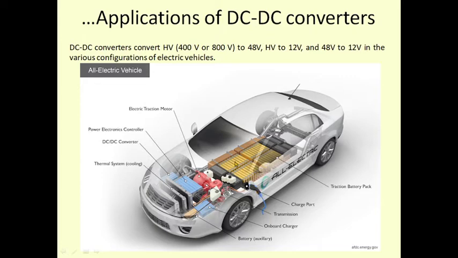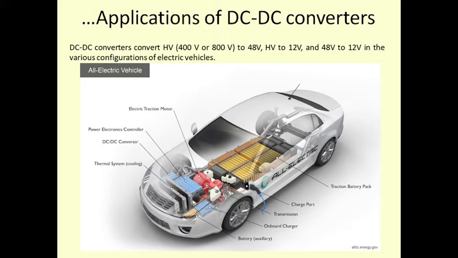So this DC needs to be converted into another DC, because on the terminals of this battery pack we have 400 volt DC. So the main DC bus will be of 400 volts, or nowadays research is going on to go for 800 volt DC.